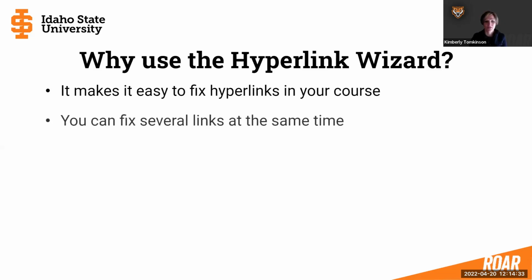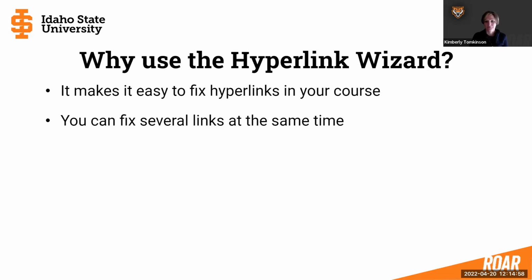Using the hyperlink bulk fixing feature, you can fix several links at the same time. By default, 10 items appear on a page at one time, and you fix those 10 items at once. You'll want to be aware, though, that depending on how many hyperlink errors there are in your course, there may be multiple pages, and you fix 10 on a page, one page at a time.